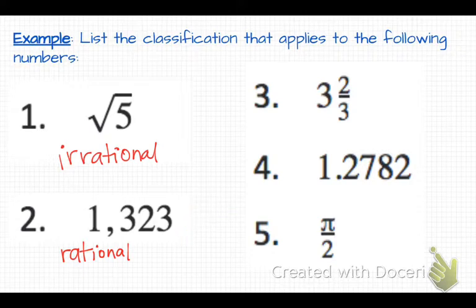What about 3 2/3? So that one has a fraction in it, doesn't it? What do our classifications say about fractions? Is it rational or irrational? Why is it rational? Irrational numbers can't be written as a fraction.